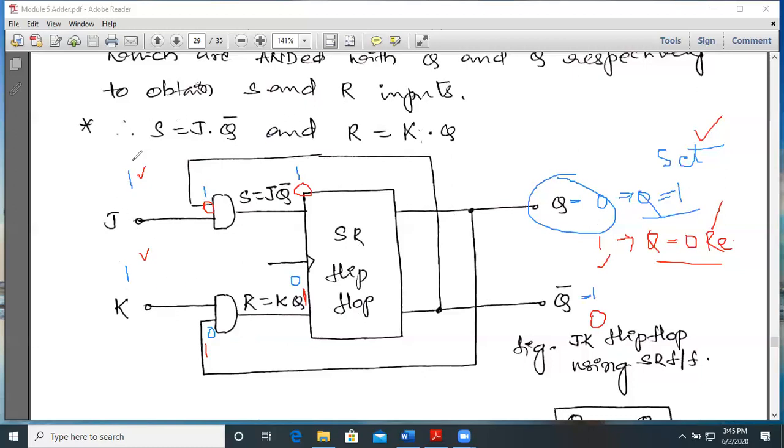When both the inputs are 1, 1, it is going to change the state. Okay, so if Q was 0, we are getting Q equal to 1 after the analysis, which is called the set state. If initially Q was 1, if we do the analysis, we are going to get Q as 0. That means it is going to the reset state. So this kind of action is called toggling.